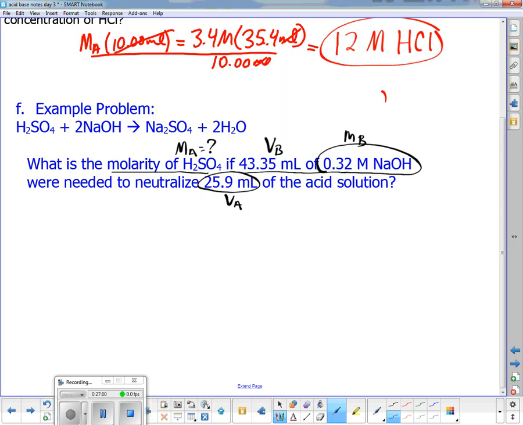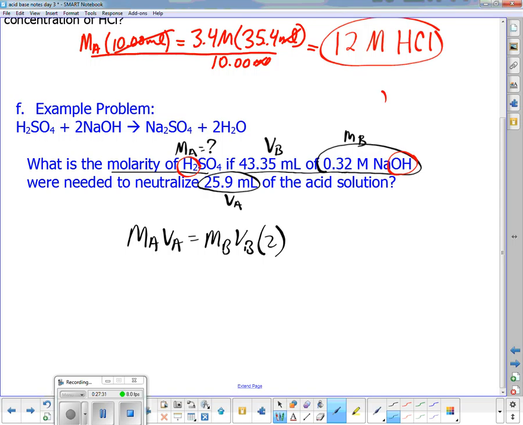Now, the thing that I notice really quickly is that I have two H's on here, and I only have one OH here. So I'm going to need to times the OH by 2 so that the H's and the OH's cancel out. So when I do my MAVA equals MBVB, on the base side, I'm going to times that by 2.